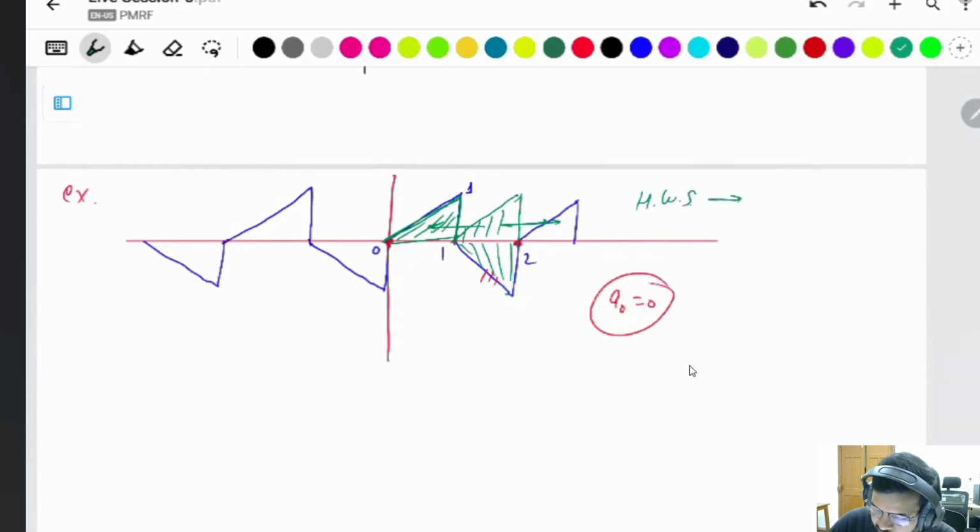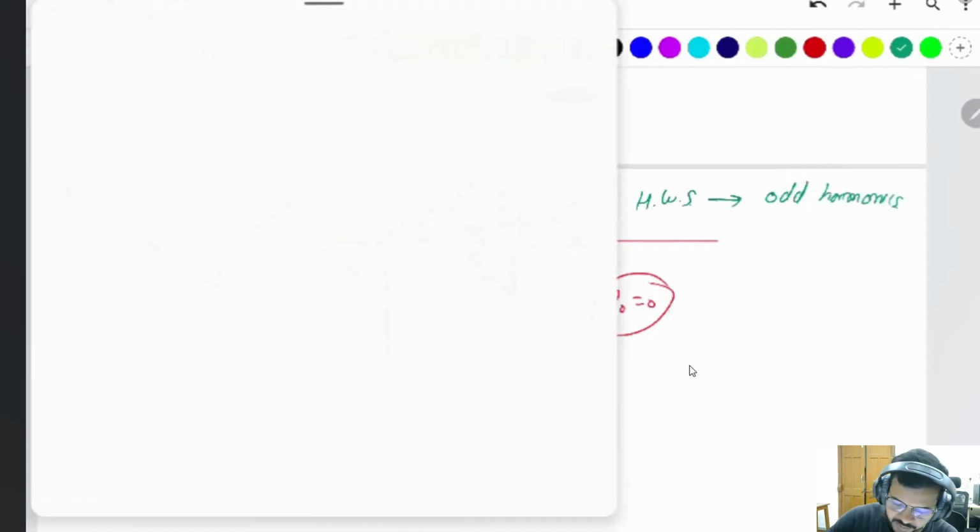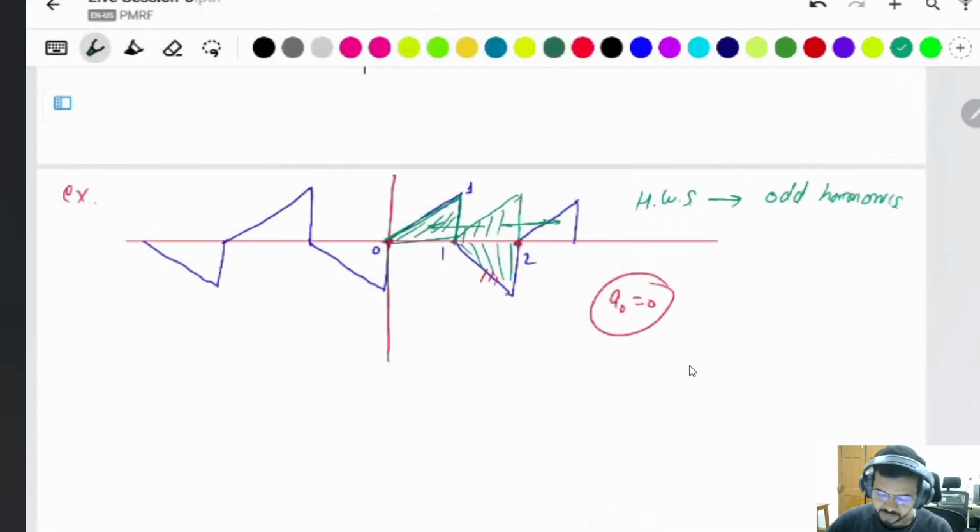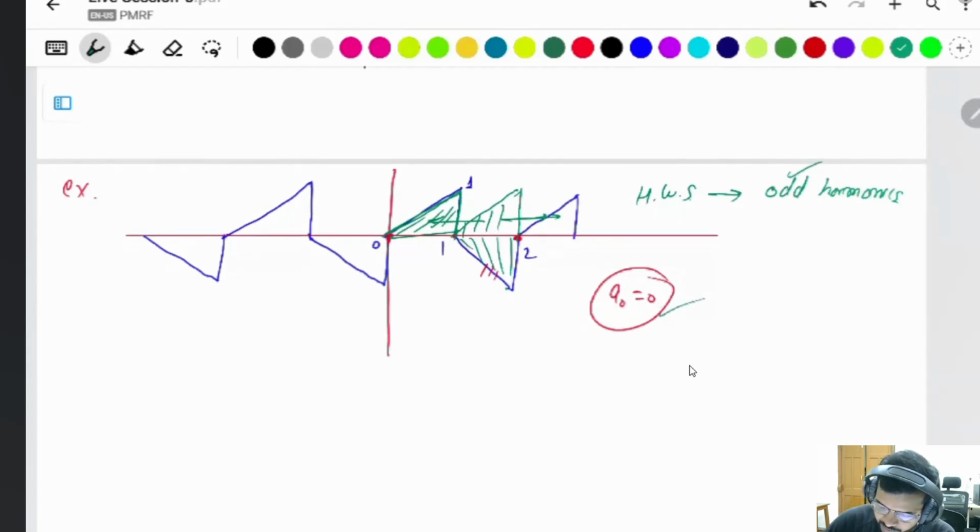If half wave symmetry is there, the system has only odd harmonics. Yes, this is confirmed.